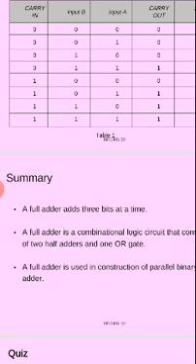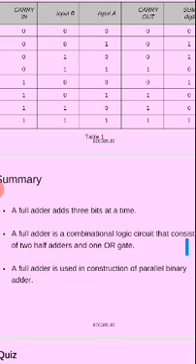Summary. A full adder adds 3 bits at a time. A full adder is a combinational logic circuit that consists of 2 half adders and 1 OR gate.